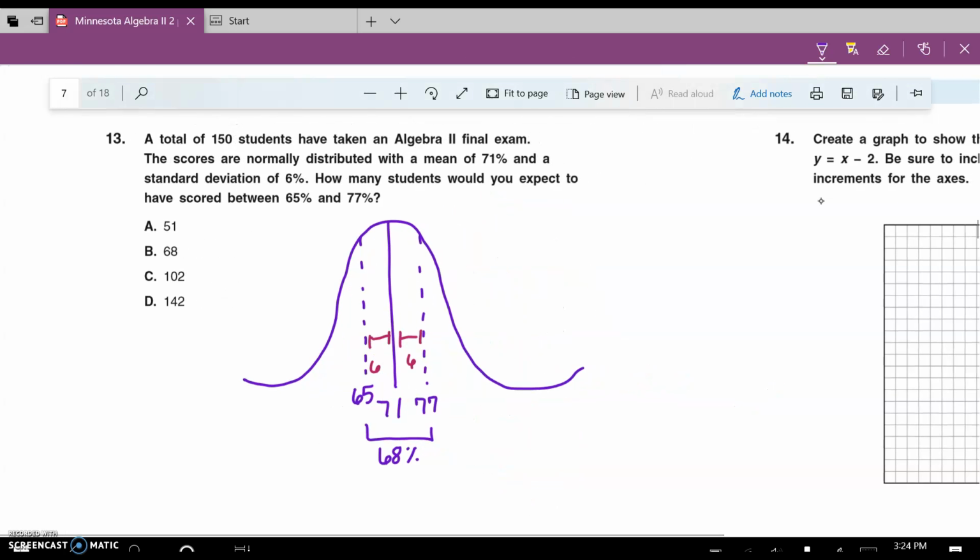But if we have 150 students, then what is 68% of this 150? We're going to multiply 68% times 150. Anytime we have a percent, we have to change that to a decimal. So that's 0.68 times 150, which is actually 102. So that is going to be answer choice C.